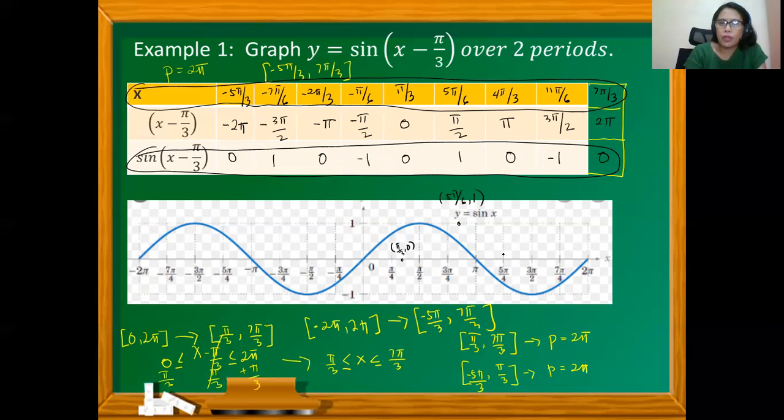And then 4 pi over 3, 0, so this is 4 pi over 3, 0. And then 11 pi over 6, negative 1 would be somewhere here, negative 1.